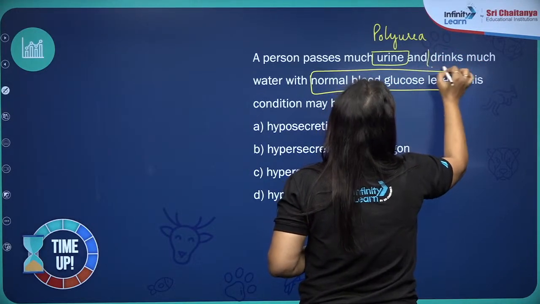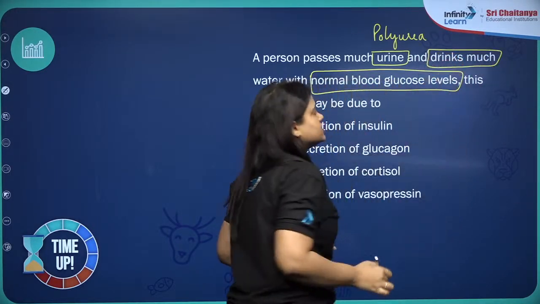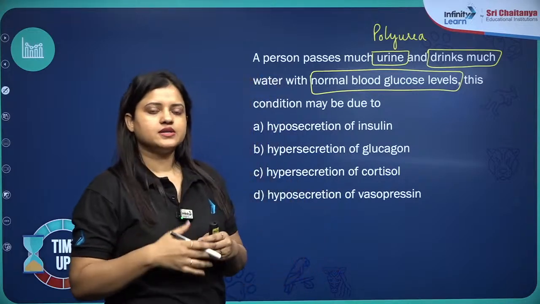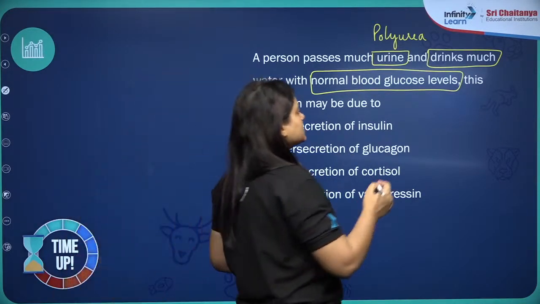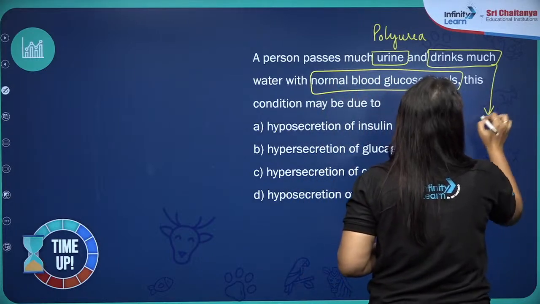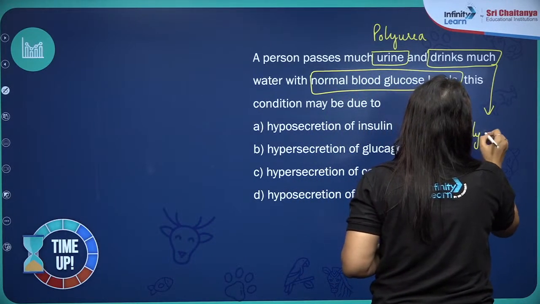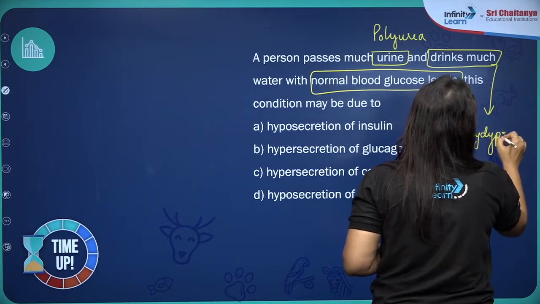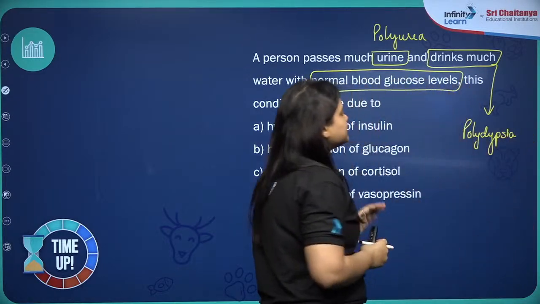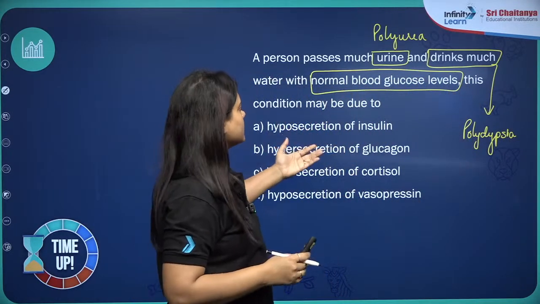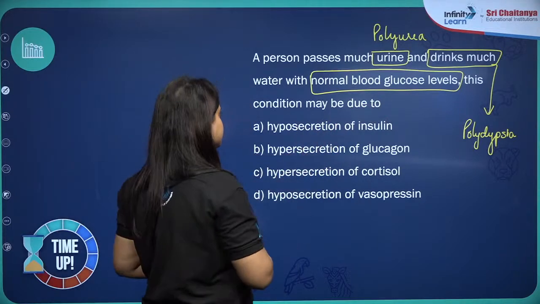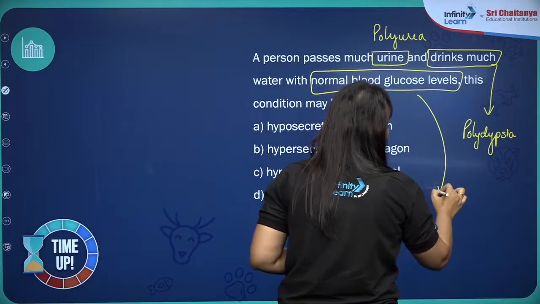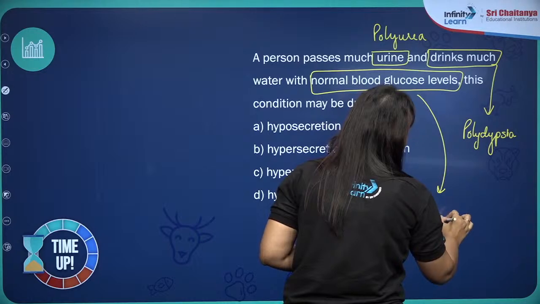And when a person is drinking a lot of water and is having a lot of thirst, this is termed as polydipsia. Polyuria, polydipsia. When will this happen? When the glucose level is also normal, in case of diabetes insipidus. Okay, so it is diabetes insipidus.